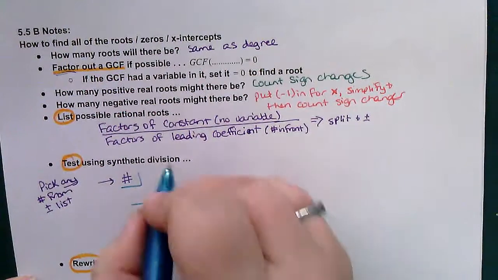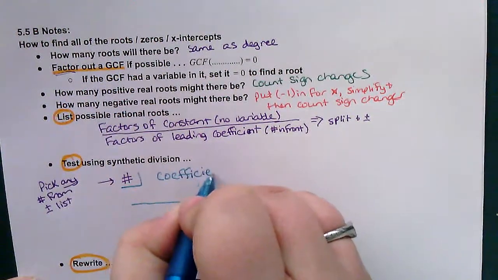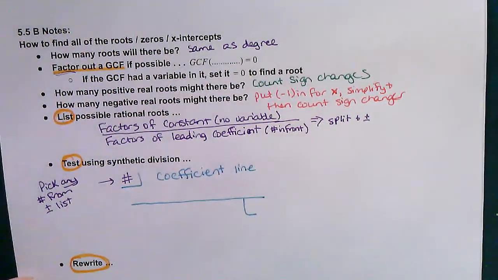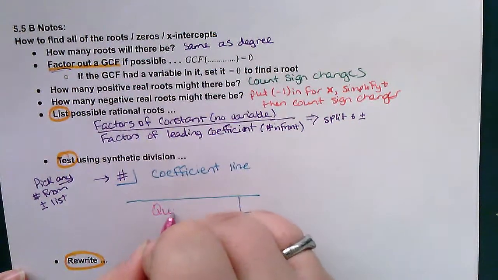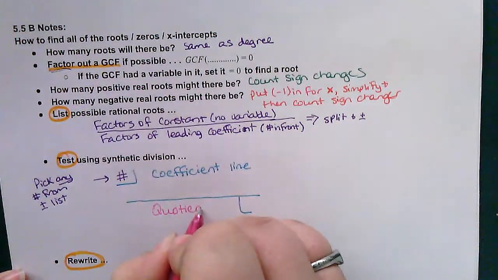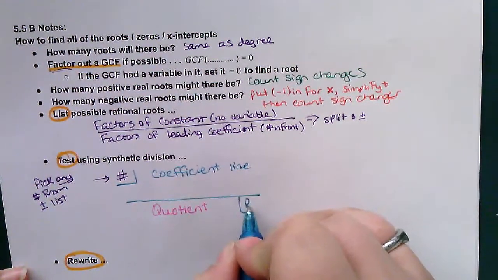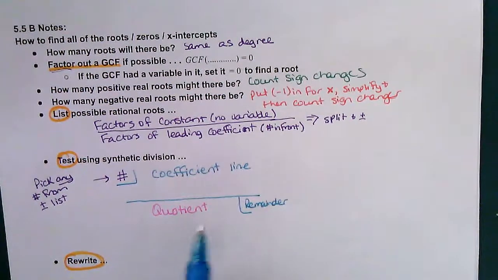Does this look kind of familiar? Well, it should. It's synthetic division, which we just did in 5.4b. So if you can't remember how to do it, go grab your 5.4b notes and review it. Okay, remember what you get in this box is the remainder, and underneath the line is the quotient or the answer.